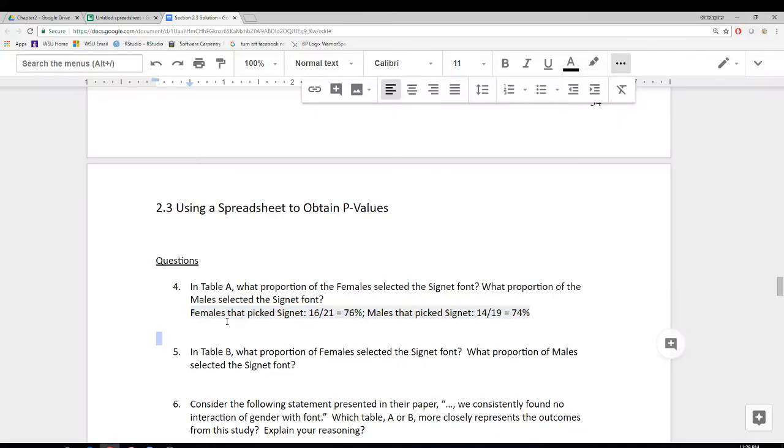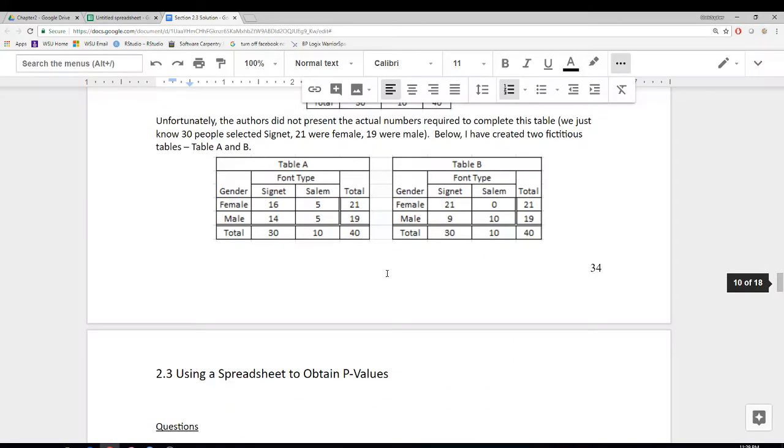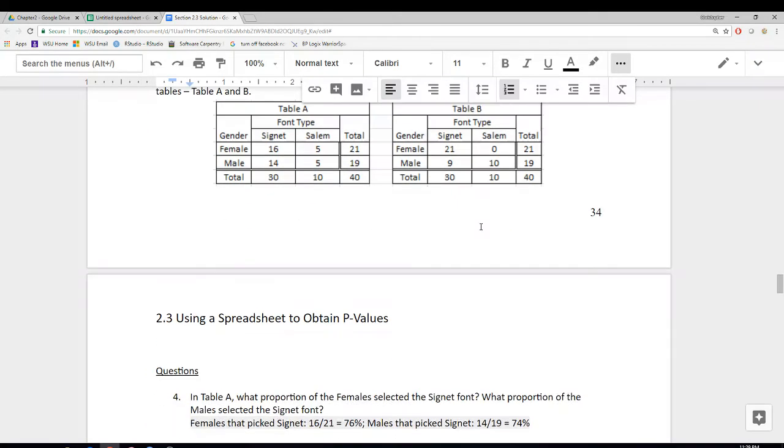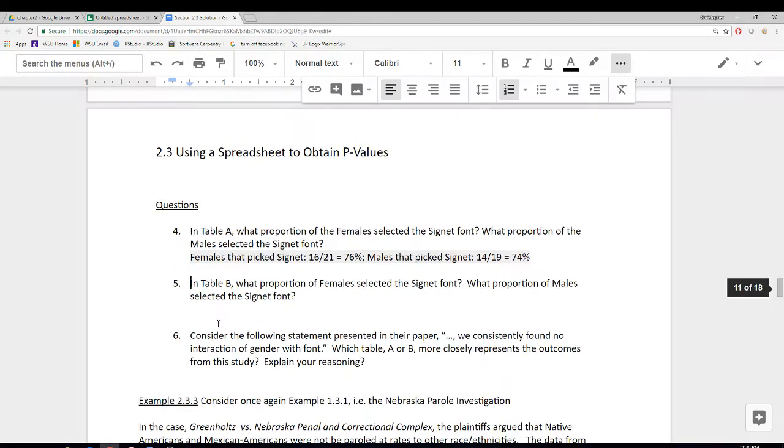Now let's compute those same percentages for Table B, which looks very different. In Table B, I had all of the females pick the Signet font, 21 of the 21, so 100% of the females picked the Signet font. But not very many of the males picked the Signet font, only 9 of the 19.